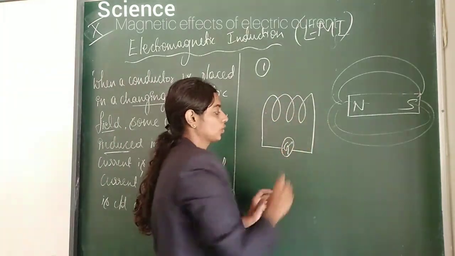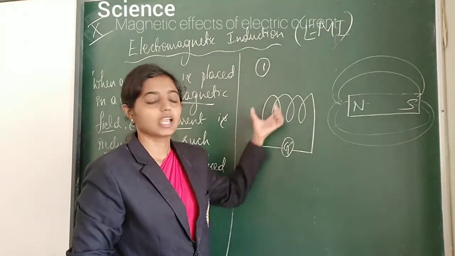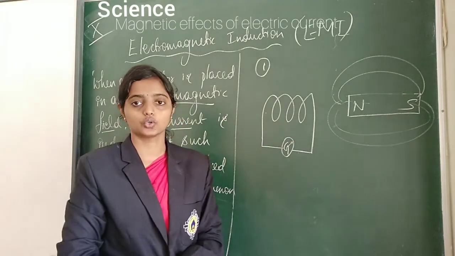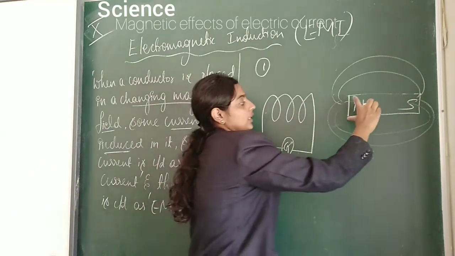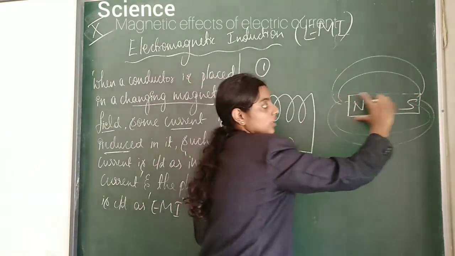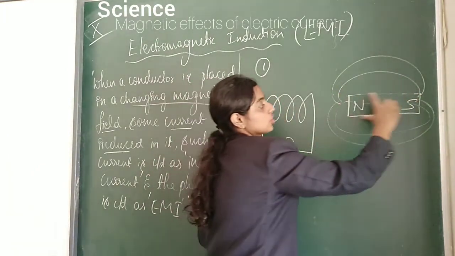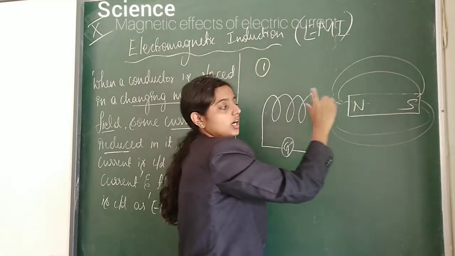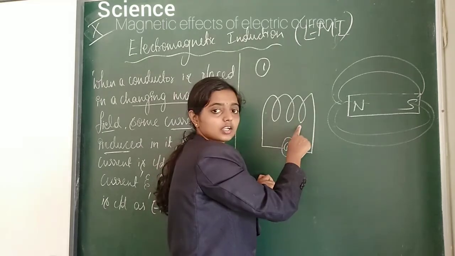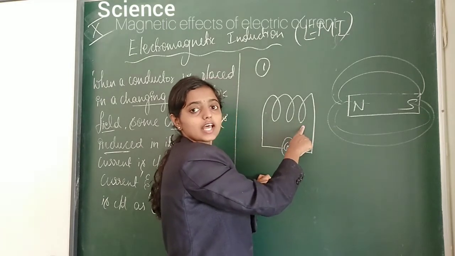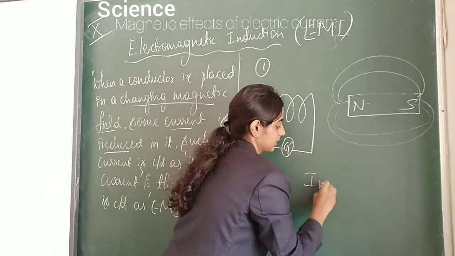And whenever they start changing, we will get an electric current in this circuit. So this is his first activity. By the movement or by the motion of the magnet, the current will be produced in this coil, and that produced current is called induced current.